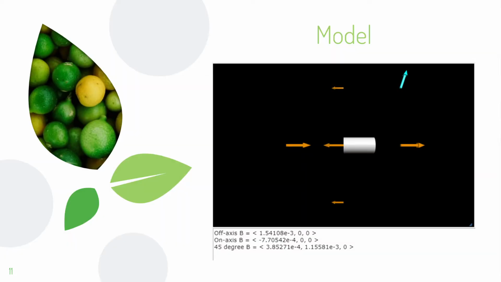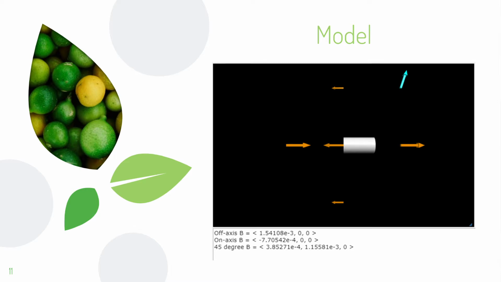As you can see, this is the model generated by running the code. The values for the magnetic field are given at the bottom, with the off-axis magnetic field having a value of 1.54 times 10 to the -3 in the x component, the on-axis value being -7.705 times 10 to the -4 in the x component, and the 45-degree magnetic field having the value of, in the x component, 3.85 times 10 to the -4, and in the y component, 1.15 times 10 to the -3.